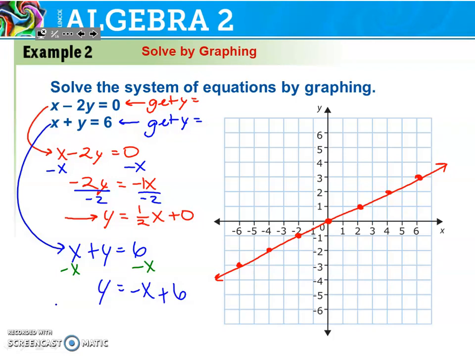Okay, same thing, plot my y-intercept, so my y-intercept is at 6, and then I've got a slope of negative 1 over 1, so I go down 1 to the right 1, and I keep following that pattern. Could have also gone up 1 to the left 1. Okay, and I'm going to draw my line there.